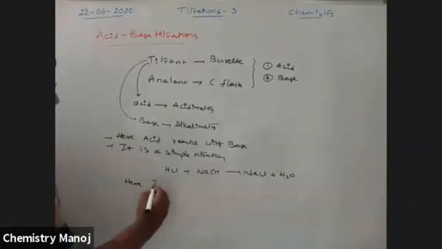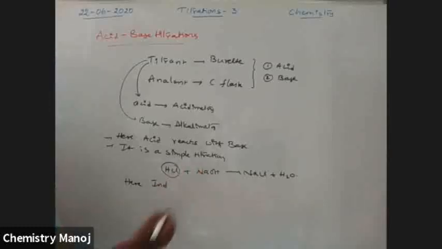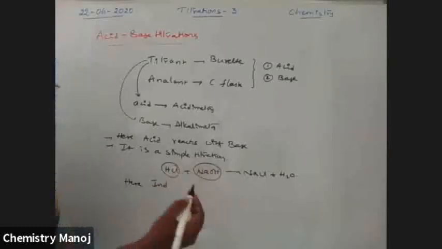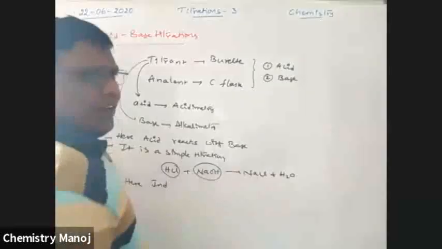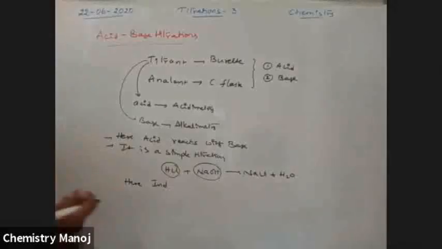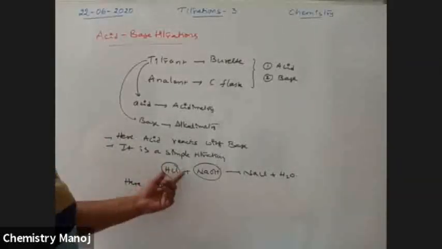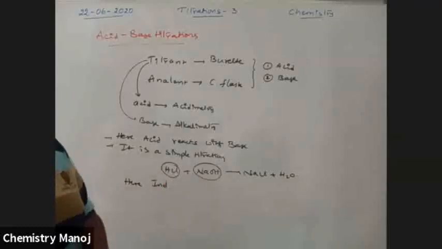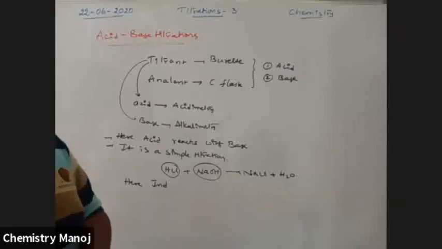Here indicators are used because HCl seems to be just like water, NaOH also seems just like water, and NaCl in water is also like water. That means it is difficult to identify where the reaction is going to be completed, that is, the exact end point.